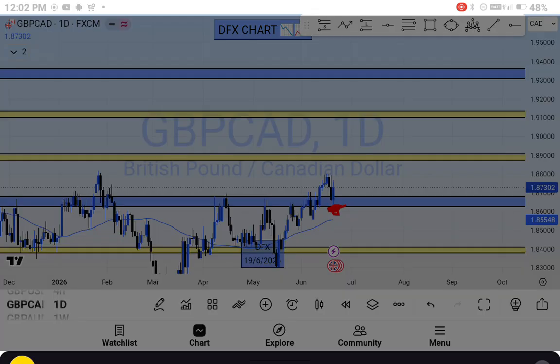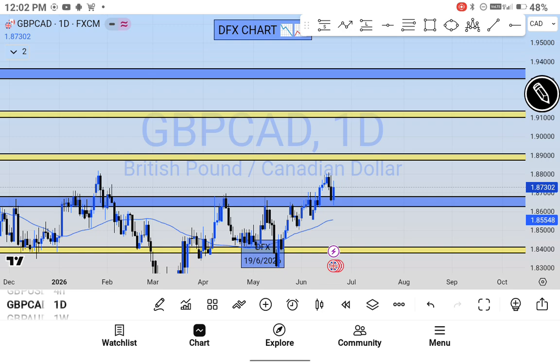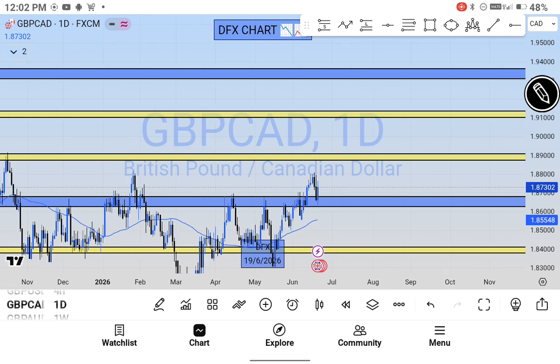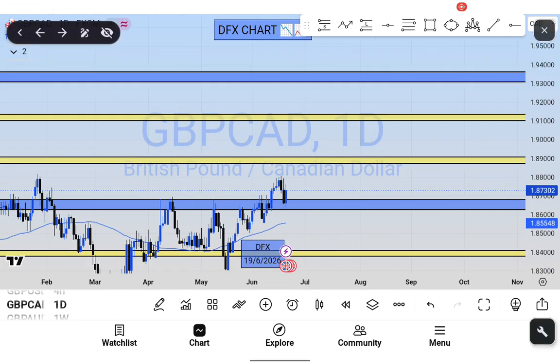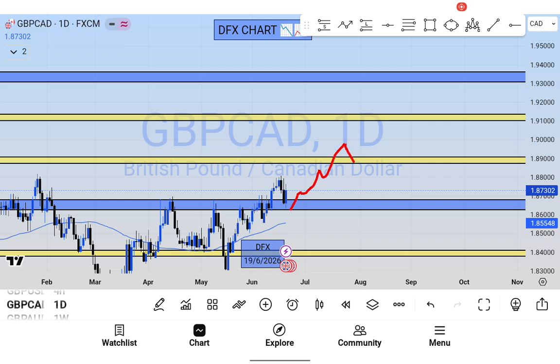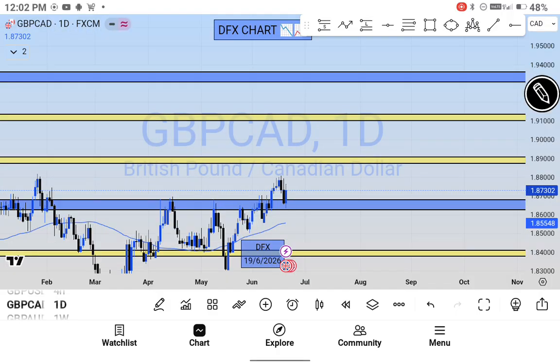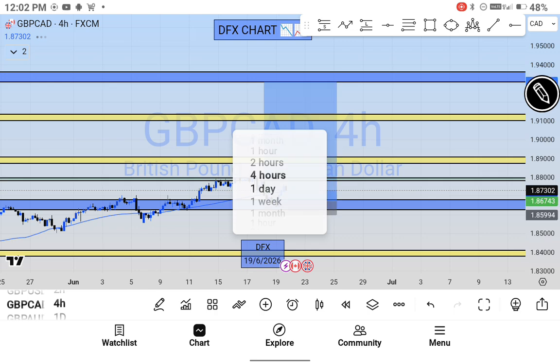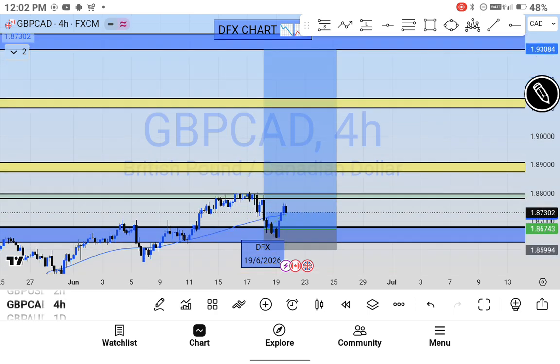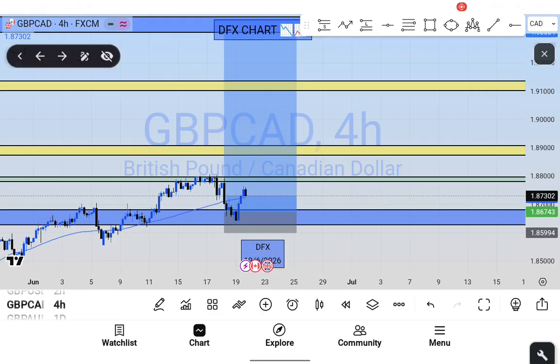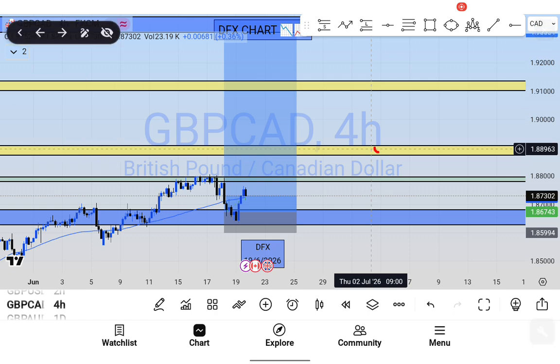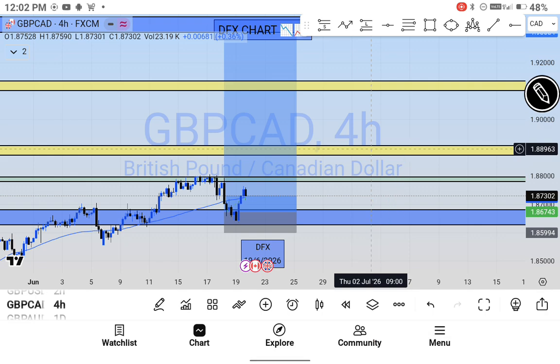When the market opens, we allow the market to do its thing. The next place I will be looking for a buy is if the market price moves above and breaks here, then I'll start looking for another entry here and that entry here, following the trend. On the 4-hour time frame, we have a trade open already. Where I'll be looking to take another trade will be from this point, where we'll start looking for more buys once we break above and start moving to the upside.